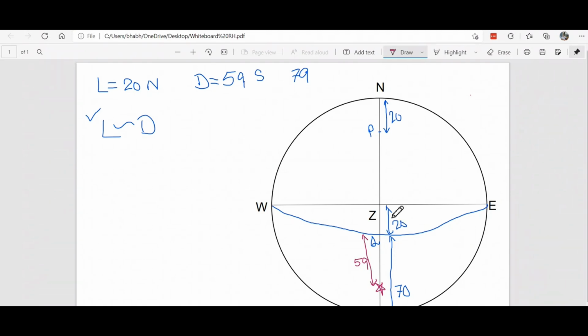So from the rational horizon diagram we have checked that this star will be visible to us, and this is what we got from the L difference D method also.